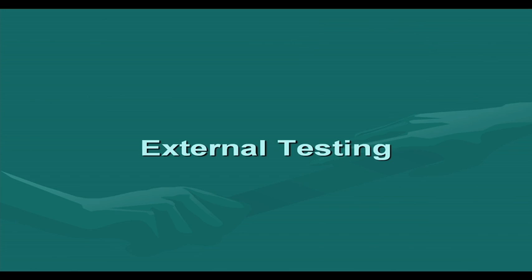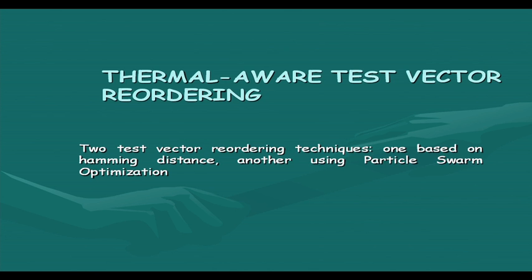So, we will classify this whole presentation again into two parts that we were looking at previously. First part is the external testing, where the test patterns are stored in some automatic test equipment, and from the automatic test equipment the test patterns are transported to the circuit and applied there. A very basic strategy that can be followed is test vector reordering.